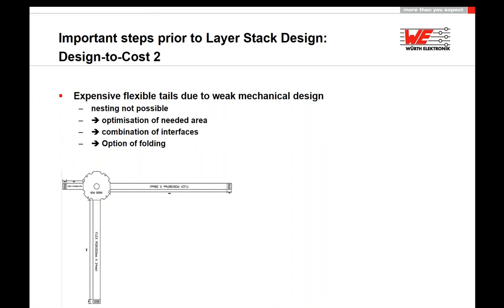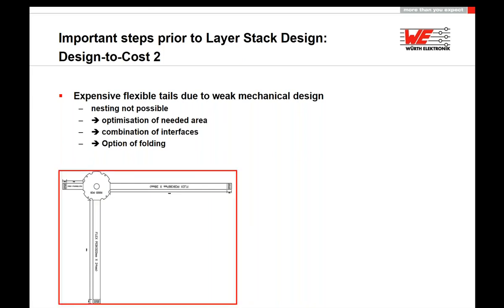And in the solution below, where we optimized this, moved the components and changed the connection between the components by this flexible area, you will see that the flat projection of this is much smaller compared to the first original design. So this is important to consider.